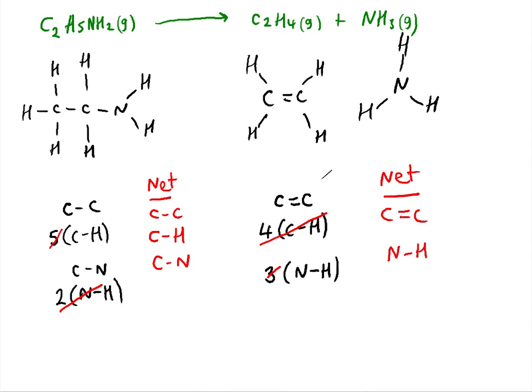Okay, so we're going to summarize that information. We're going to consider all of the bonds that are broken first of all. The net broken bonds that we have to consider. Remember, we had a carbon-carbon bond, we had a carbon-hydrogen bond, and we had a carbon-nitrogen bond.